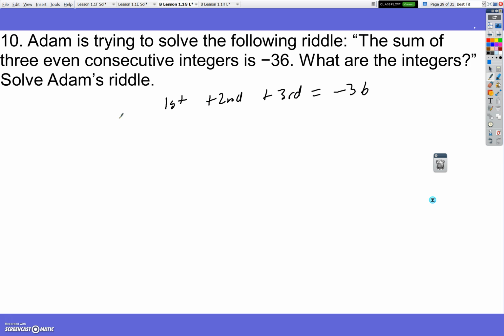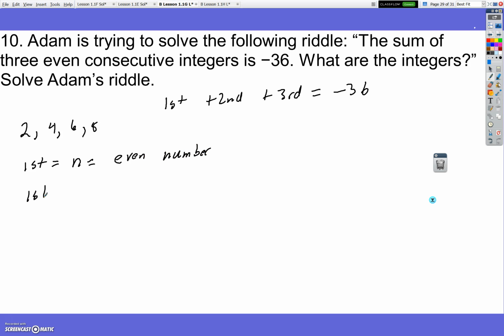So we know we're dealing with negative numbers here. Now the other thing it's telling us is that it's even numbers. So if you think about this, even numbers are like 2, 4, 6, 8. It's always 2 greater than the previous one. So what we need to first do is define our variable. We're going to say the first one is n, and n is an even number.